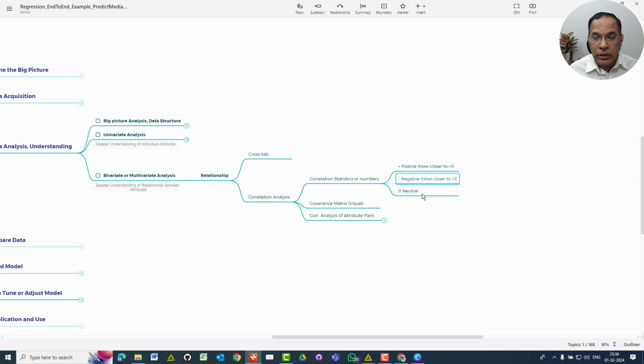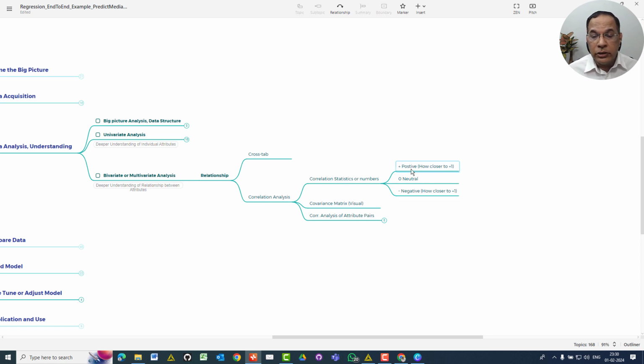But a positive correlation could be that if it's summer, there's a high chance that people will have ice creams more, right? Or something of that nature, which is basically, if the temperature goes up, ice cream sales will go up, most likely, right? If the temperature comes down, potentially the ice cream sales may come down as well.